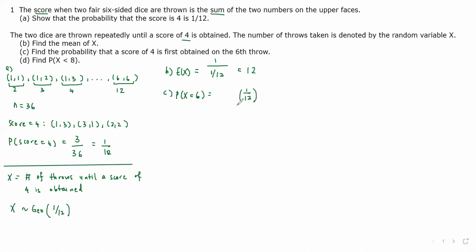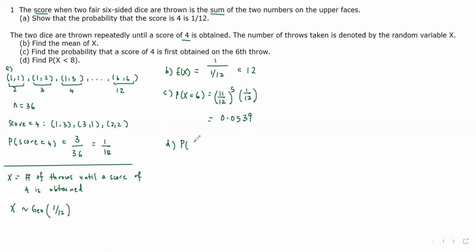But we have 5 throws that do not result in a score of 4. So the probability of failure is 11 out of 12, raised to the 5. There are 5 failures followed by 1 success. And that has a value of 0.0539.